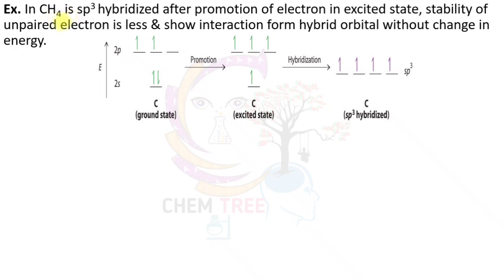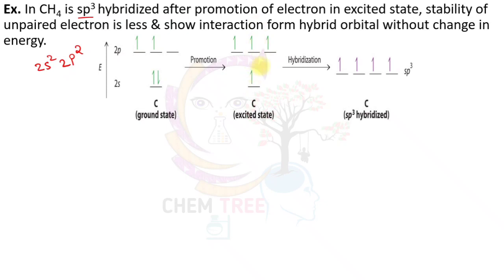In the methane molecule, we know that it is sp3 hybridized. It contains 2s2, 2p2 electrons in its valence orbitals. When an electron in 2s is excited or promoted, one electron is shifted to the 2p orbital, and the 2s and 2p orbitals having unpaired electrons show interaction between them.